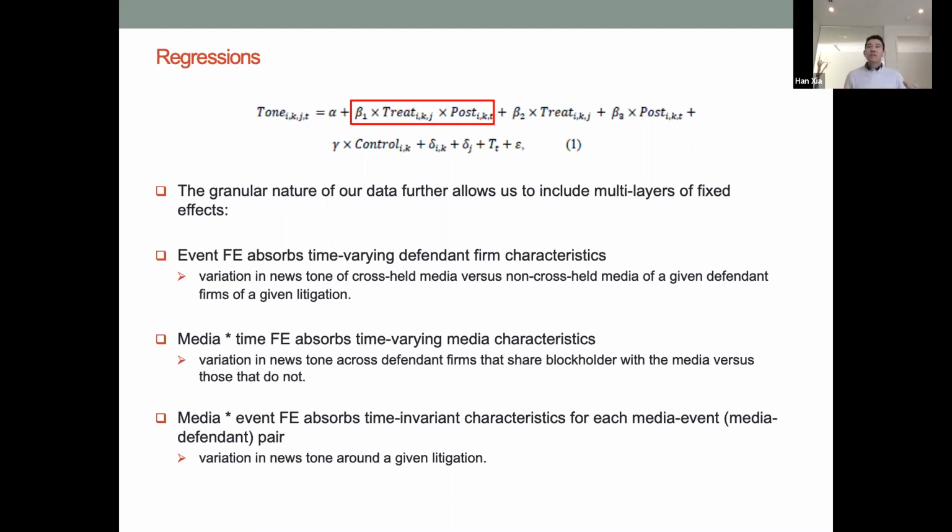The only thing I want to point out in this regression is that the rich data we have allows us to include different layers of fixed effects and therefore isolate the variation in news tones from different perspectives. For example, over here, we have median by time fixed effect.